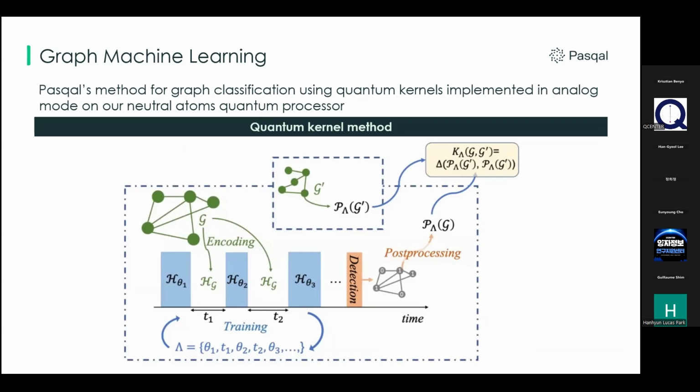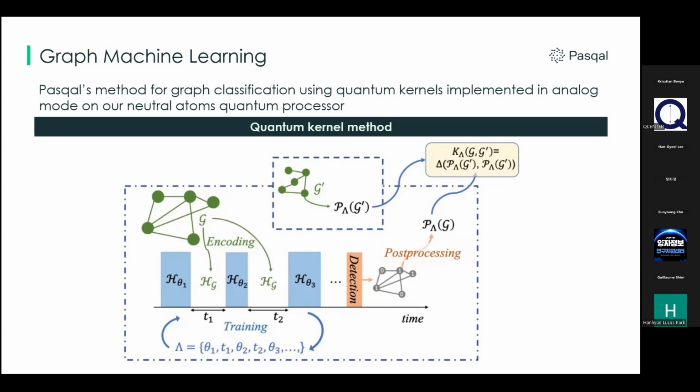And from the graph itself, we construct specific target Hamiltonians. So what we do is we start exciting the graph representation in a specific way, in a specific alternating or iterative way, in order to generate a probability distribution. So to generate some kind of excited state associated to the whole graph.